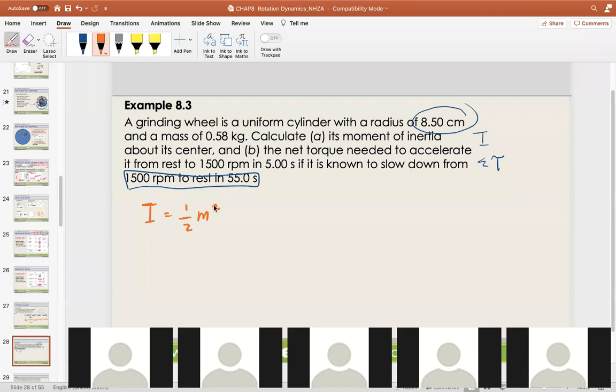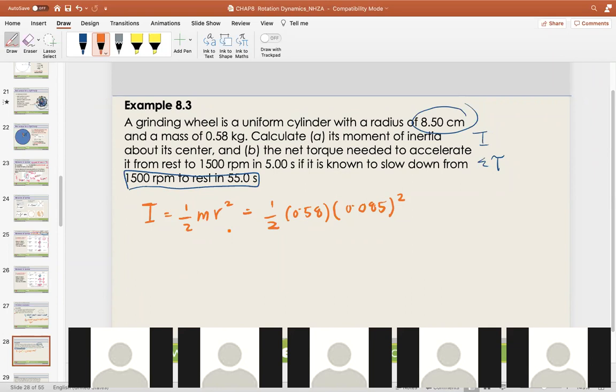Okay, and what should be my M? What should be my R? M 0.58. Okay. 0.085. Okay, thank you.